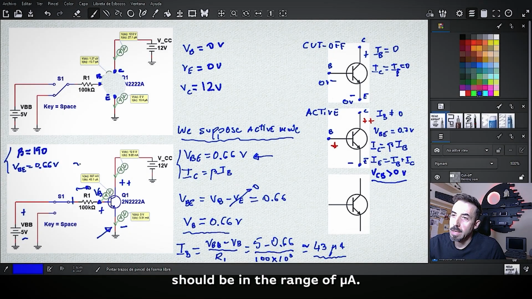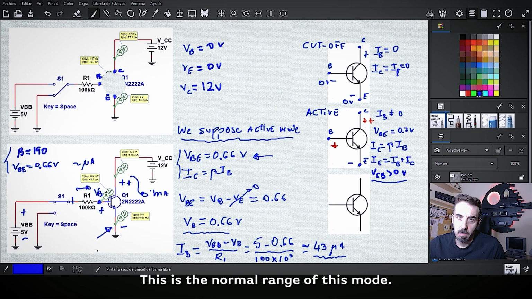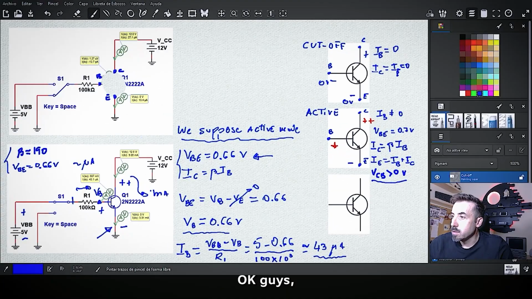So the current through the base when you are in active mode should be in the range of microamps. In the same way, the current through the collector as well as the current through the emitter is going to be in the range of milliamps. This is the normal range of this mode. Okay guys, so what is next after finding the current through the base?